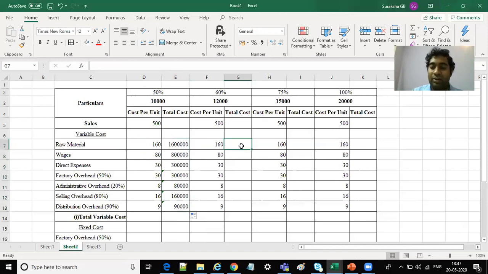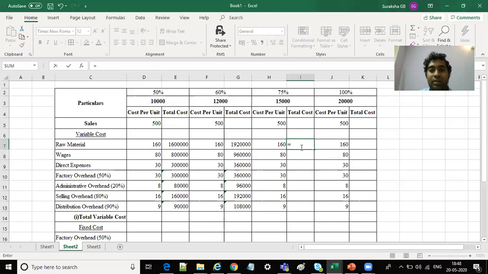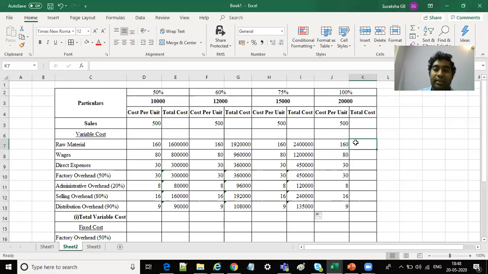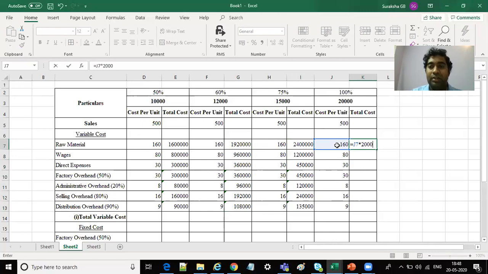For 60% level of activity, again it is the materials into the number of units produced, which will be 12,000 as calculated. So the rest of the values are multiplied with 12,000 units. Next, the values are multiplied with 15,000 units because at 75% level of activity, we are able to produce 15,000 units. Next, the last one will be multiplied with 20,000 units.